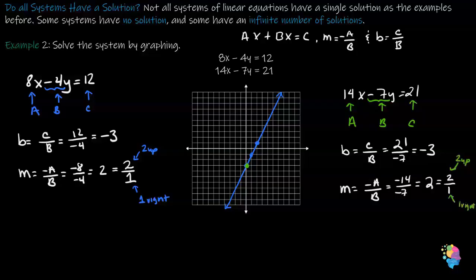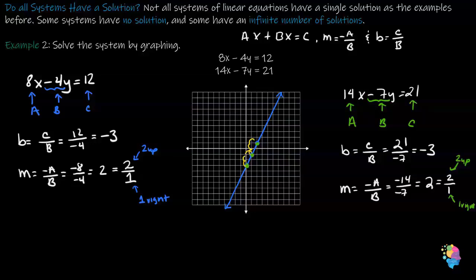But when I do that, I'm going to notice that my next point, 2 up and 1 to the right, is going to fall in the same place as the first equation. And if I do it again, our third point continues to fall on top of the first equation.